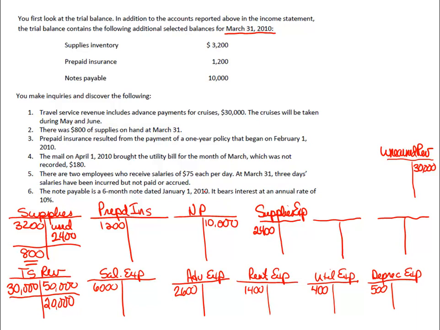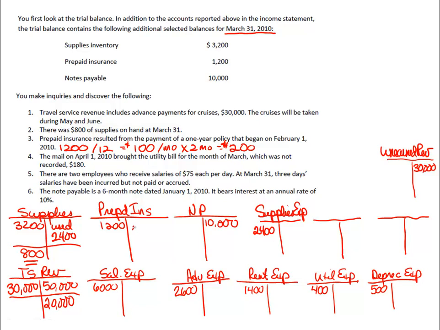Number 3, prepaid insurance resulted from the payment of a 1-year policy on February 1st. Well, it's a 1-year policy, so that's 12 months. So that $1,200 benefits 12 months, or it's $100 a month. Now, if we bought it on February 1st, that means we've used the insurance for February and for March, which is just 2 months. So $100 times 2 months is $200, is all that has been used or consumed.